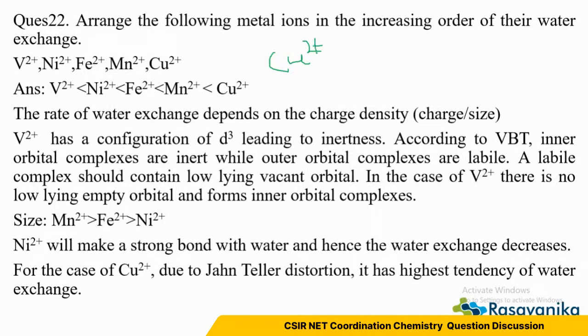You would have seen that in d9 complexes, yesterday also we had seen about the JTD, that tetragonal elongation and tetragonal compression are present when JTD takes place. So what happens in tetragonal elongation is that the dz square. Now we know that it is like this.